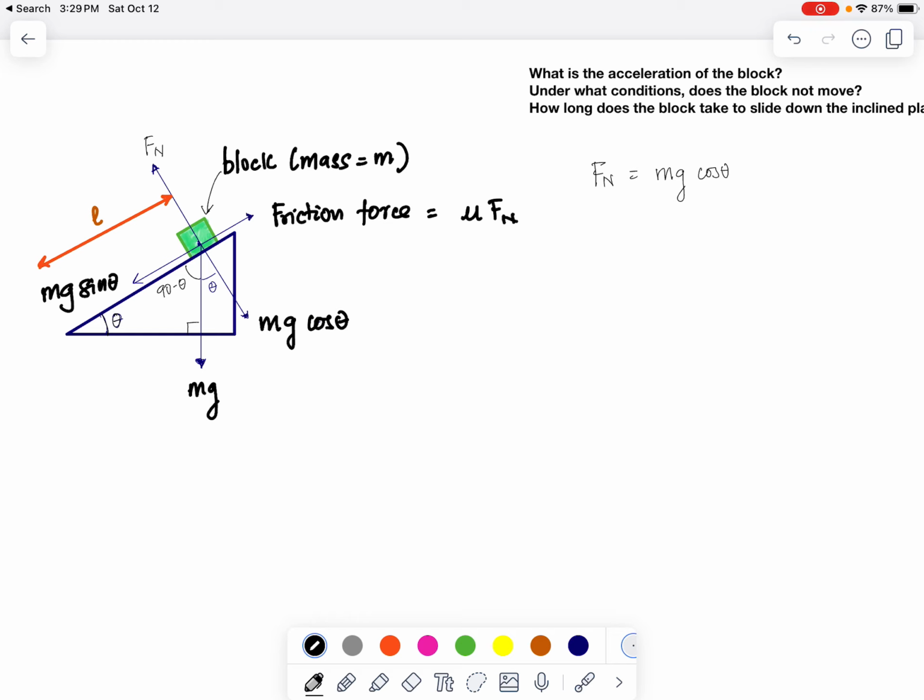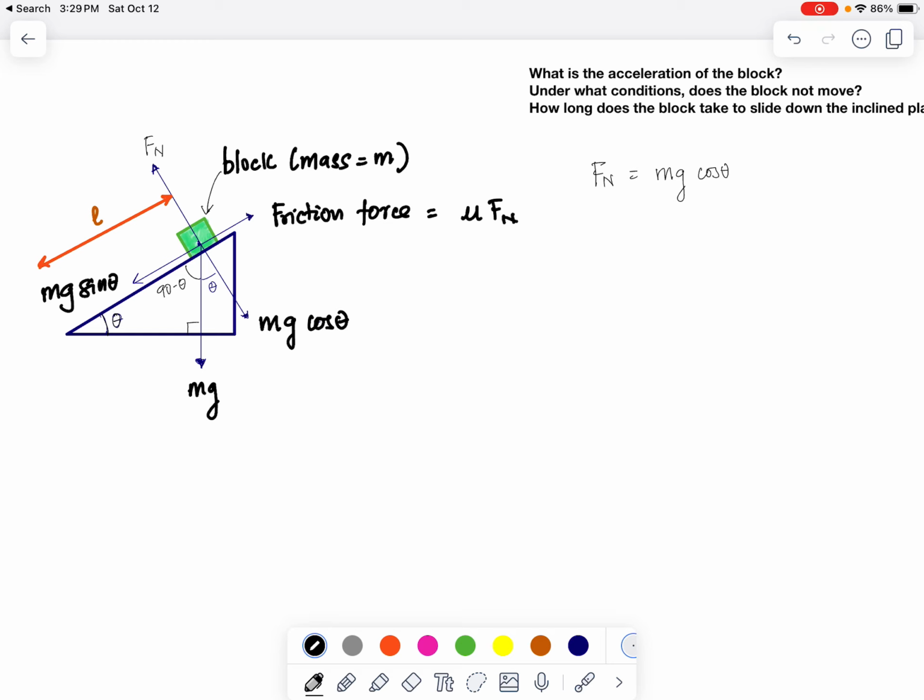So now let's see what other forces act on this system. If you look at the friction force, it essentially acts upwards. It acts in this direction because the tendency of the block in this particular case is to slide downwards, and friction opposes the motion of the block.